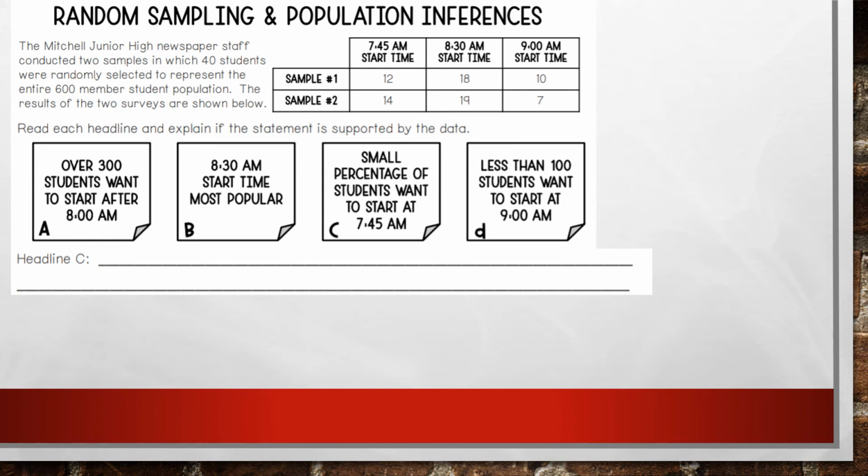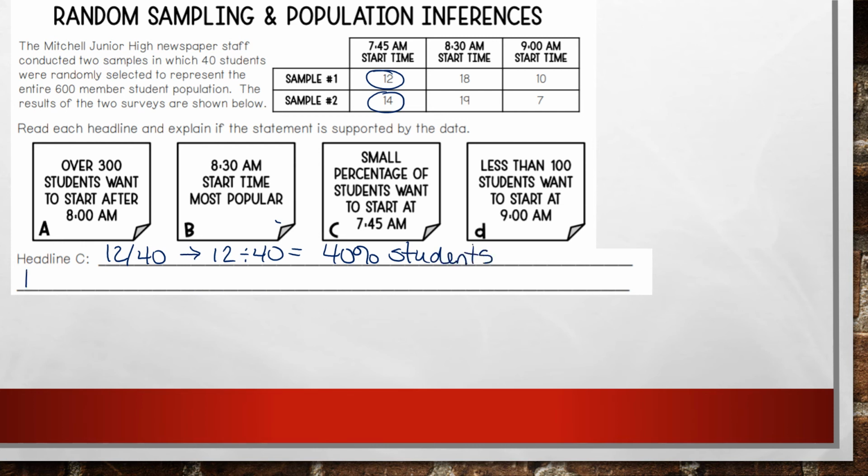So headline C says that a small percentage of students want to start at 7:45 a.m. So we're going to look at both sample 1 and sample 2. For sample 1, we would have taken our 12 and divided by 40. So 12 divided by 40, that would give us 30% of the students wanted that start time.